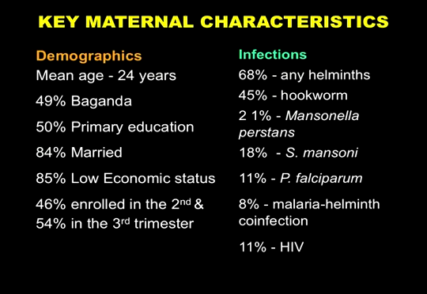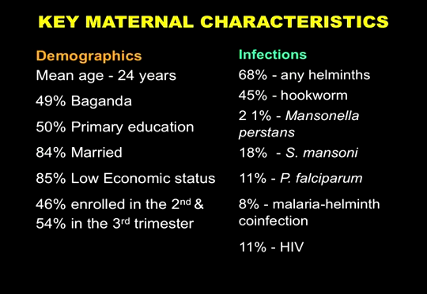Roughly half and half were enrolled in the 2nd and 3rd trimester. Mothers were not enrolled in the 1st trimester. At enrollment, 68% of the pregnant women had at least one worm infection, which was very high at that time.